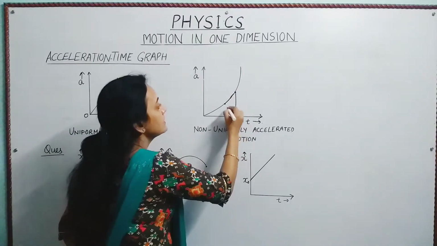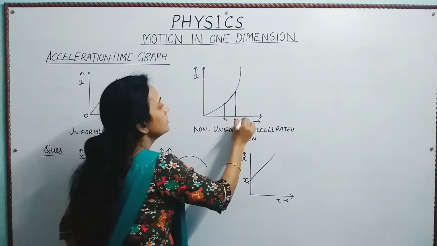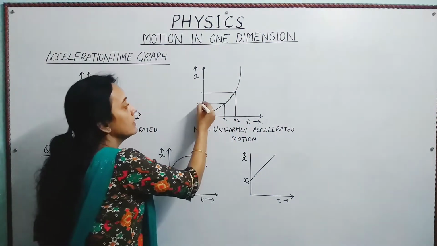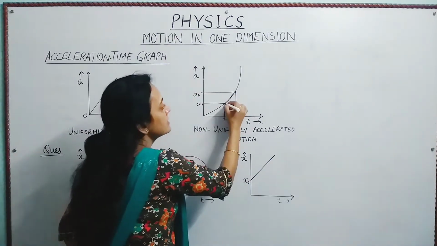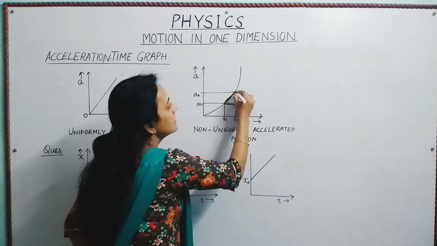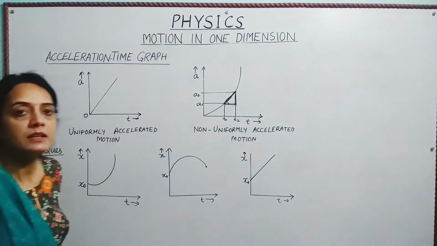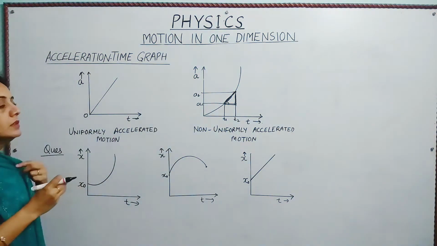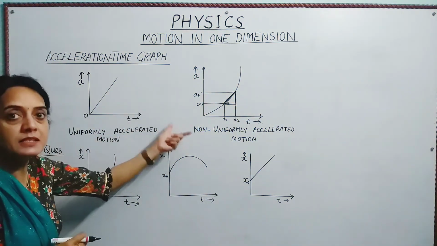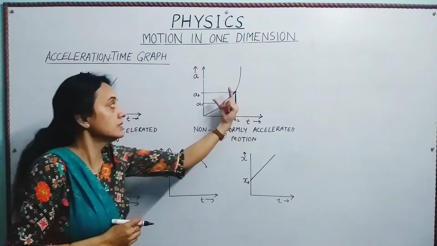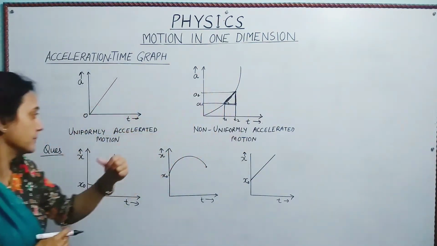So if an interval is given like t1 to t2, you have to find the values from the y-axis and simply find the slope of this region. In this way we can find the instantaneous acceleration in this interval.